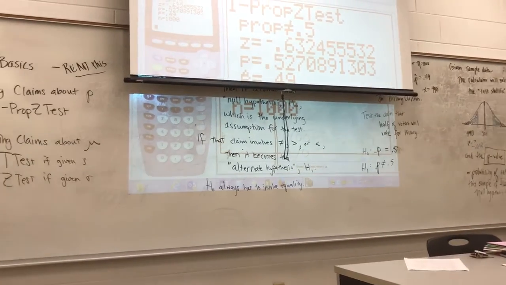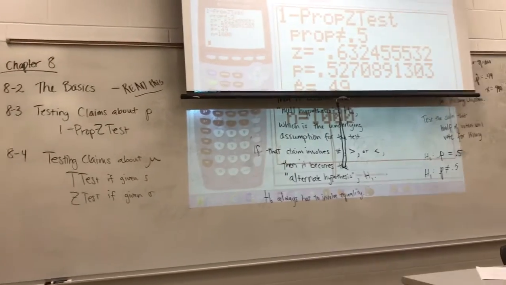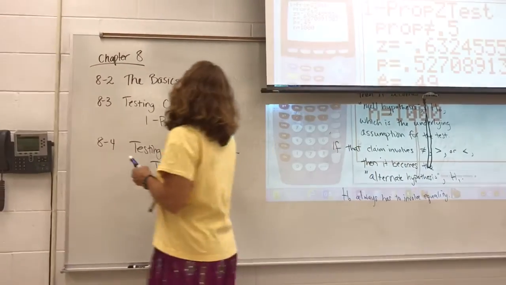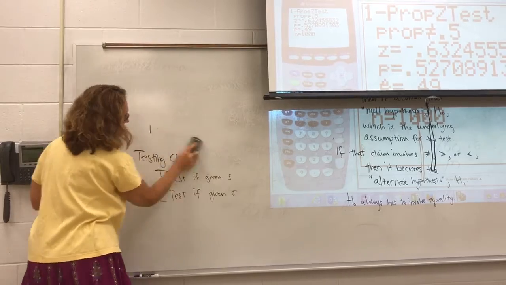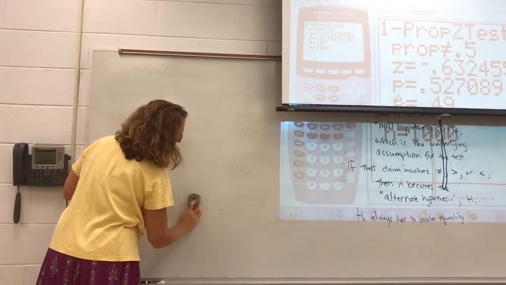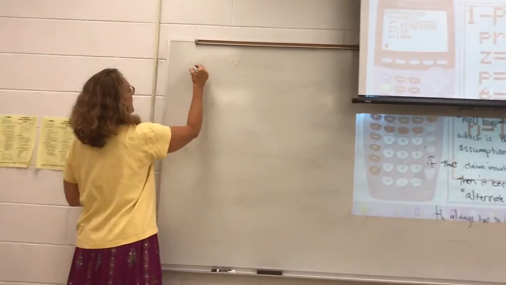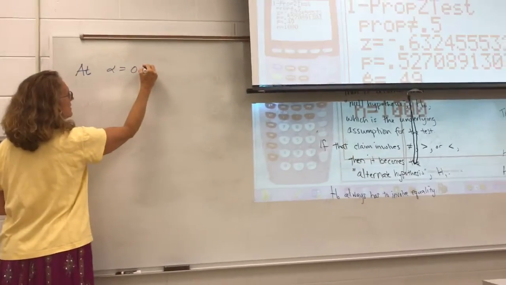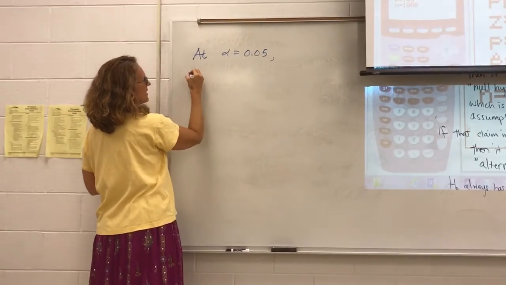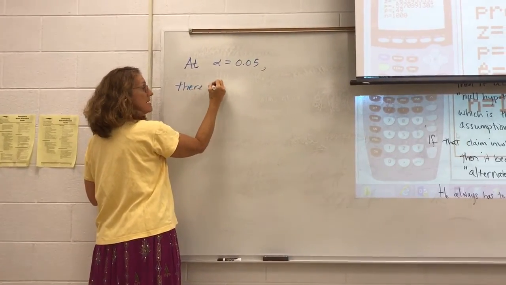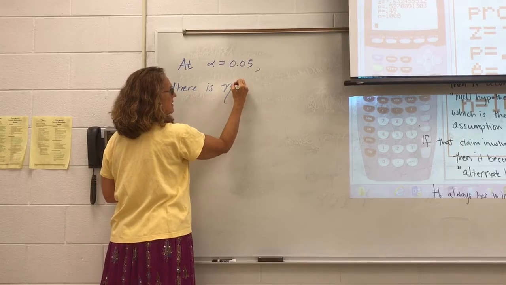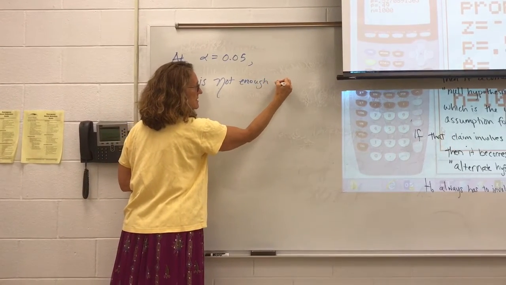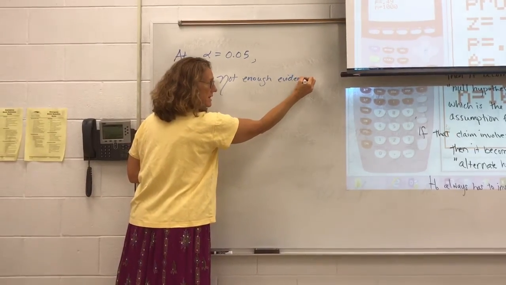So the final conclusion then would be that at whatever level of significance we're using, at alpha equal 0.05, let's say, at that level of significance, there is not enough evidence. Right? It was not extreme, so we say that there's not enough evidence. The p-value was not less than alpha.